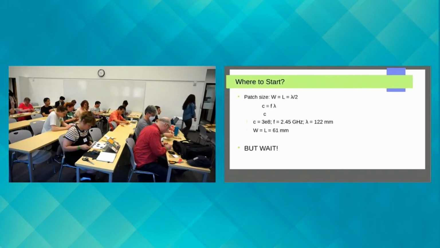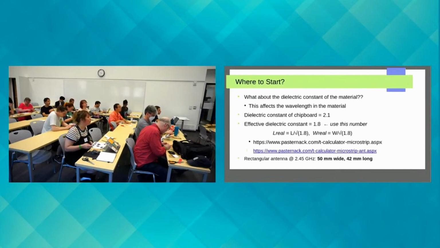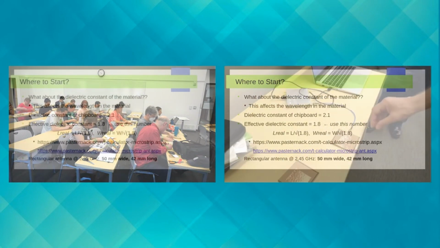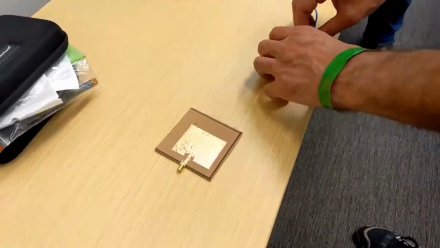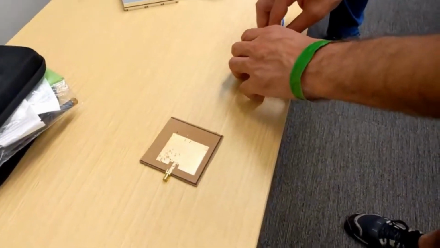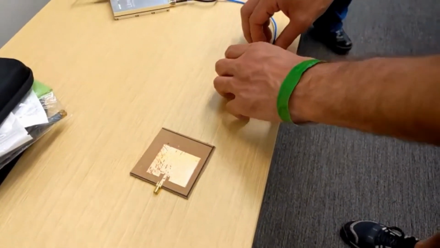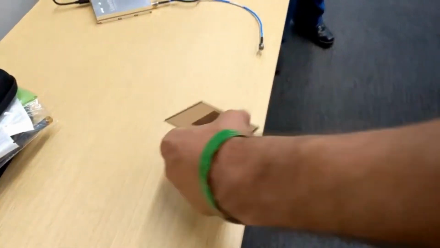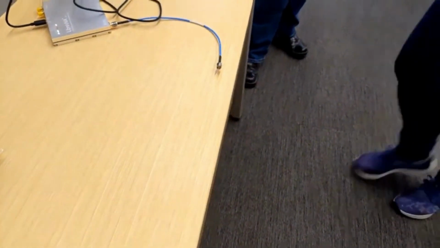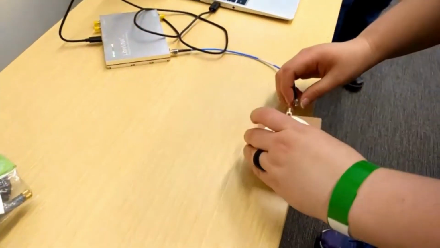By basically doing it and figuring it out. Oh, that one is a good dip. Yeah, that's a good dip. That's a 2.67, minus 37. It's great.